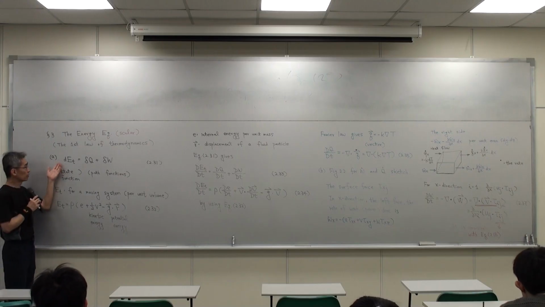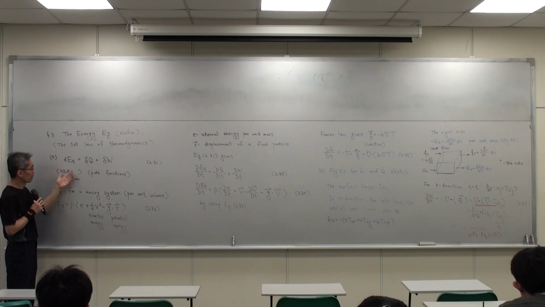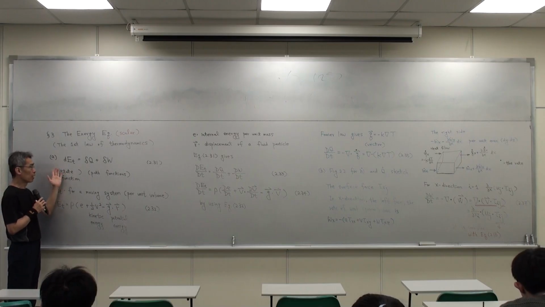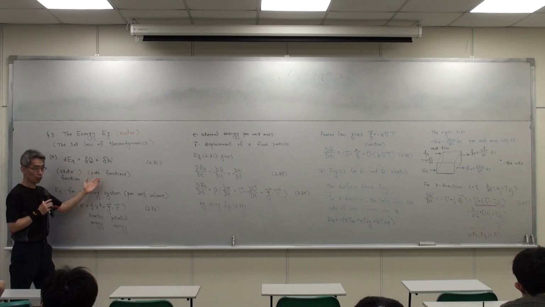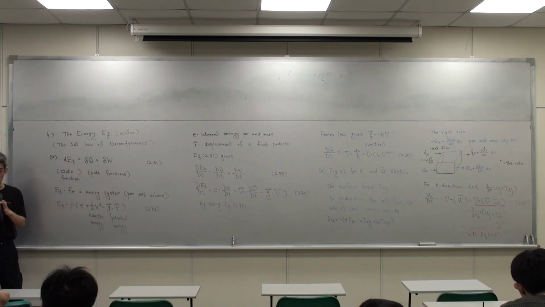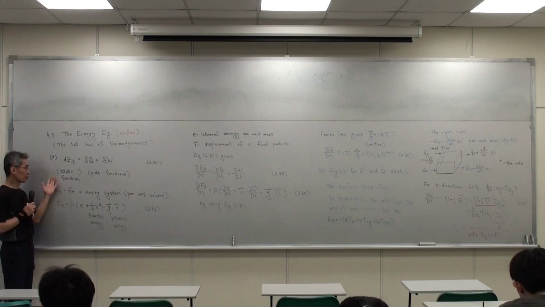For the energy equation, we consider the system's total energy in different states. This is due to the heat and the work. Heat and work are basically path functions. Depending on what kind of path, you will get the final state.